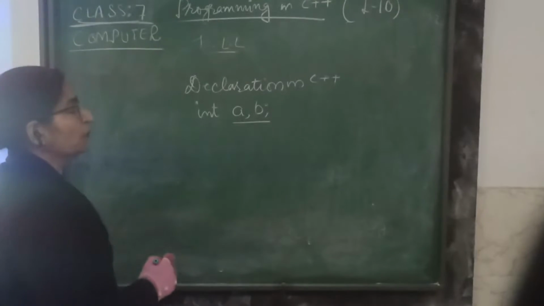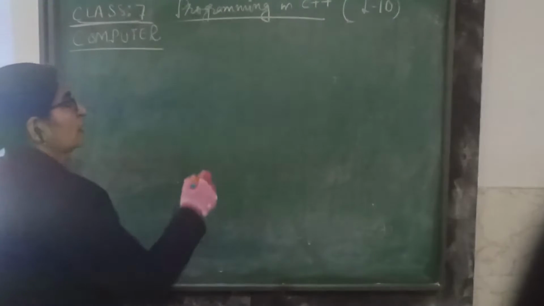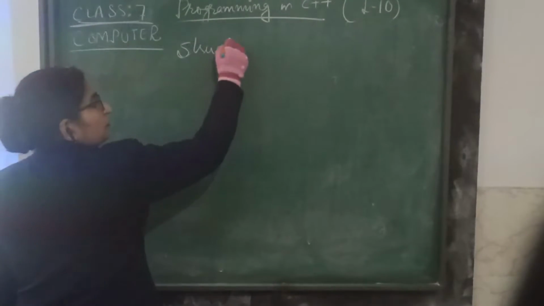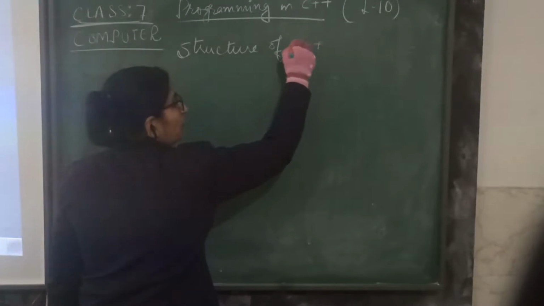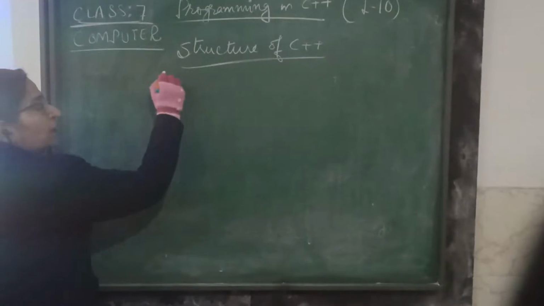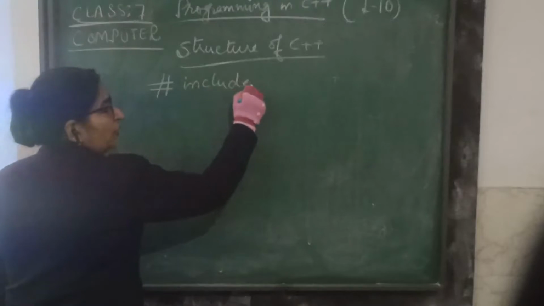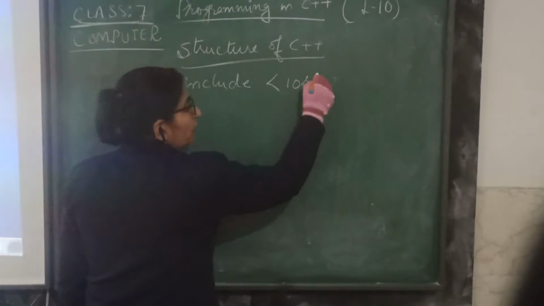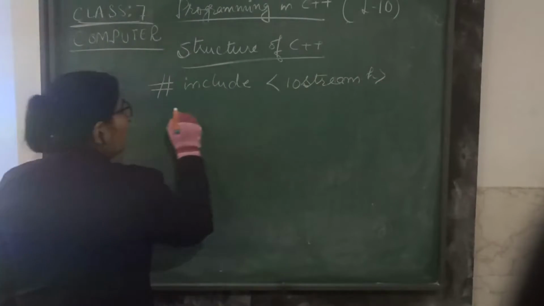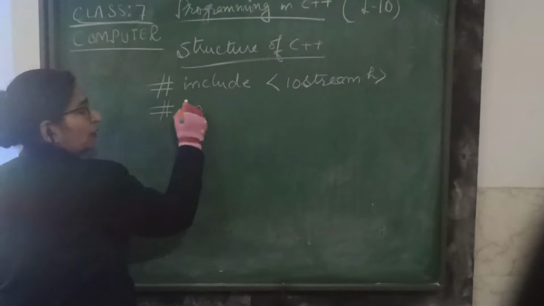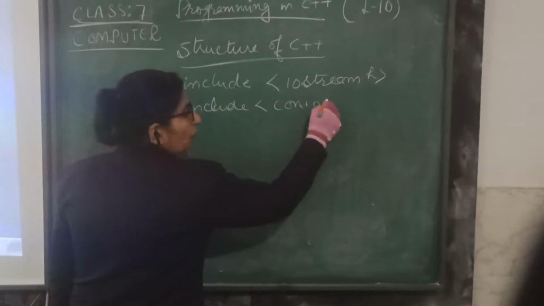Before we start programming in C++, we must know the structure of C++ program. For that, we need header files. Which header files are used, children? Number 1, iostream.h. Second file which is required is include conio.h.